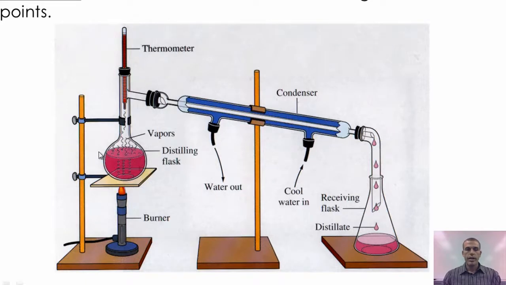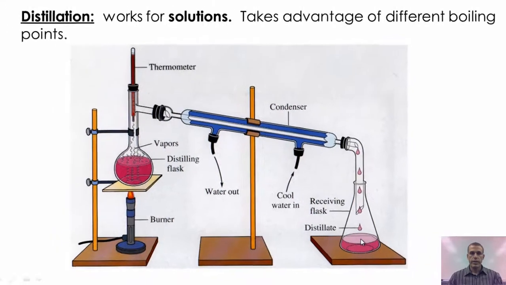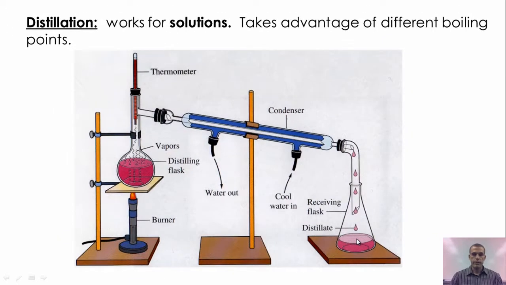So eventually what we'll have left is the one substance with the higher boiling point, which will be left here, and the lower boiling point substance is going to condense and filter off into our distillate here. It's going to separate the two compounds or elements that we have within this solution due to their boiling points.